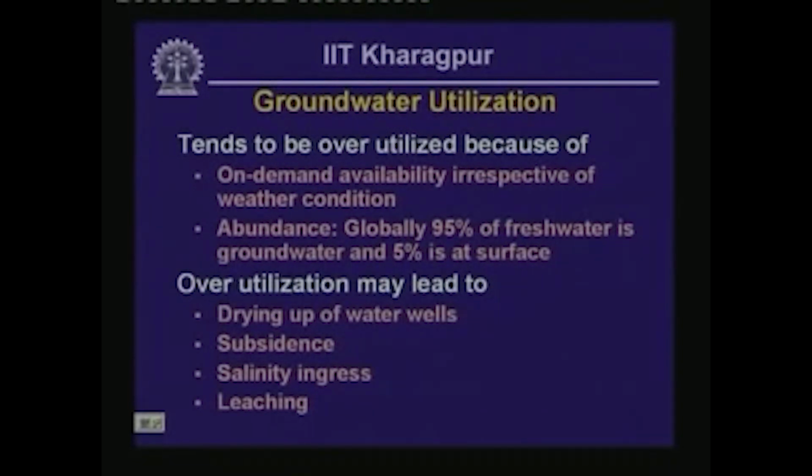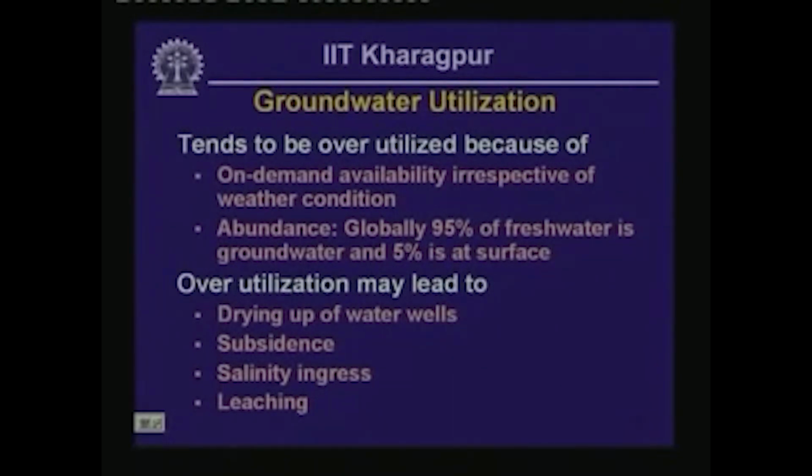Secondly, groundwater resource is quite abundant. Globally, approximately 95% of the fresh water is available as groundwater, whereas only 5% is at the surface. So groundwater is an easily available resource, and any easily available resource tends to be overutilized.